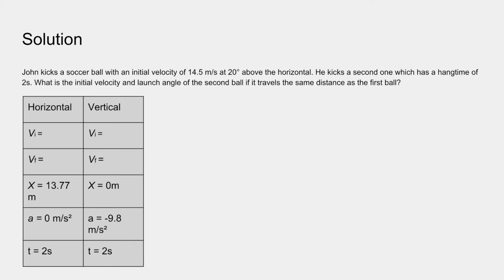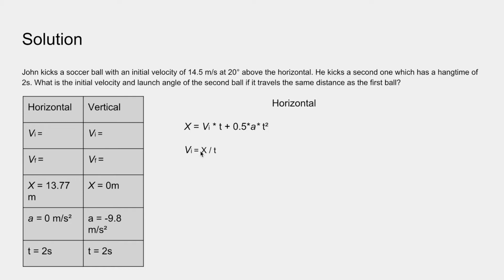First, we're going to solve for the initial velocity of the horizontal component. We take the displacement equation and solve for the initial velocity. We're able to do this because the acceleration is 0, so we can just take that part out.